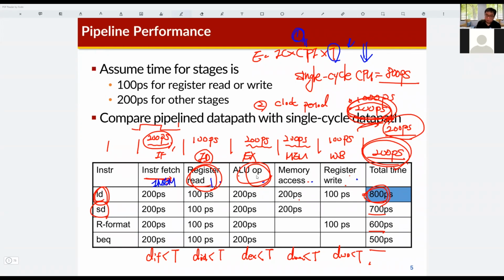Register read uses the register file, but we only use the read port, right? Then the ALU, the instruction will use the ALU. Memory access uses the data memory. Then register write uses the register file, but the write port. So for each stage, a unique hardware resource is utilized. That means there will be no structure hazard.